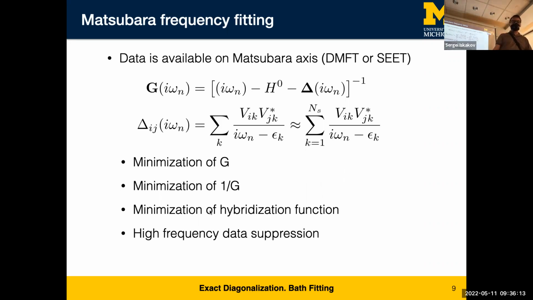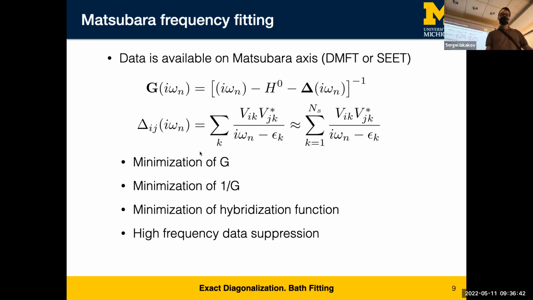And here you have options for how to minimize the whole problem. The first option is to do minimization of G directly. What I mean is G is your target function that you minimize: the least squares fit problem is G exact minus G fit, squared, for each Matsubara frequency you care about.